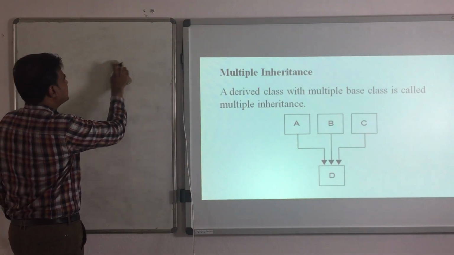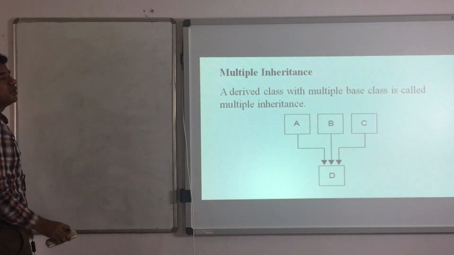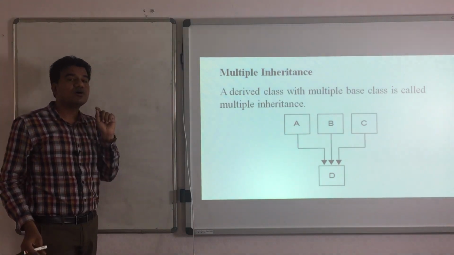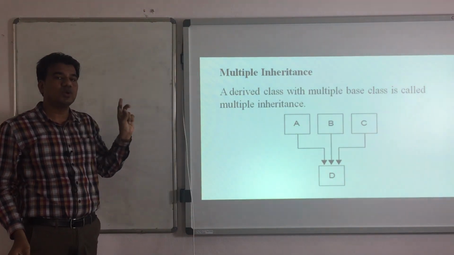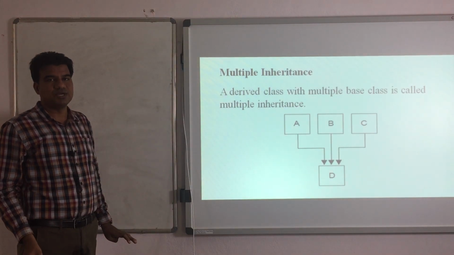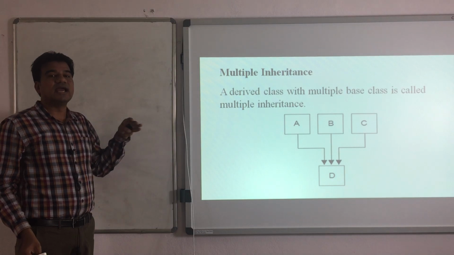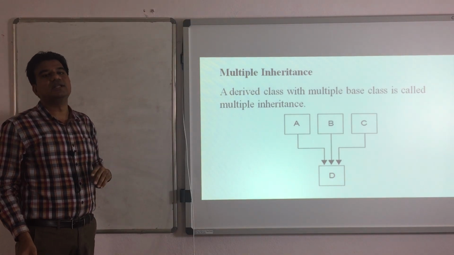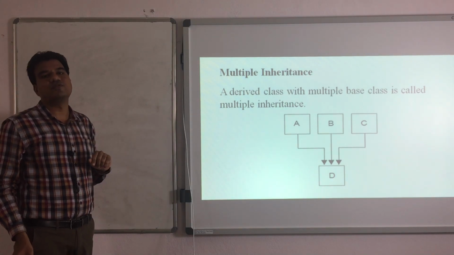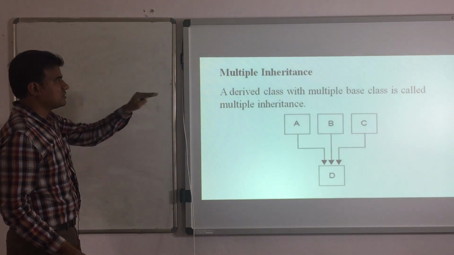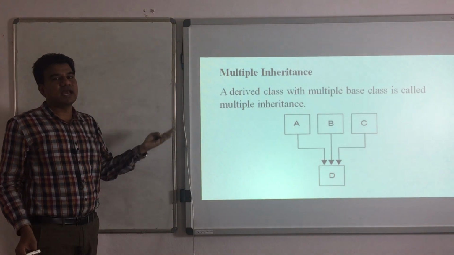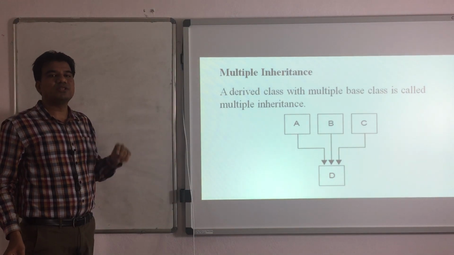As you might have understood, they are completely dependent on your mode of inheritance. Mode of inheritance plays a vital role in the inheritance concept, because based on that only our access modifiers change from base class to derived class. So our next concept is multiple inheritance, deriving a single class from more than one class.